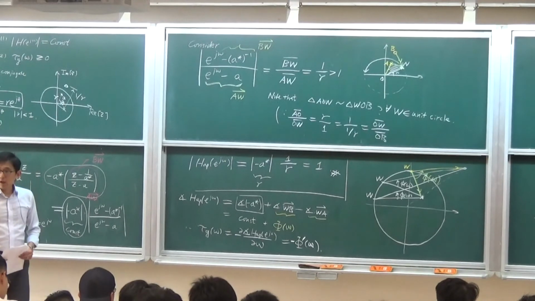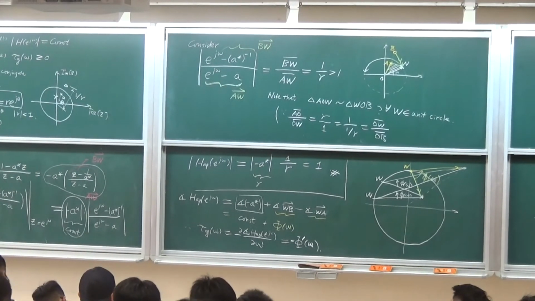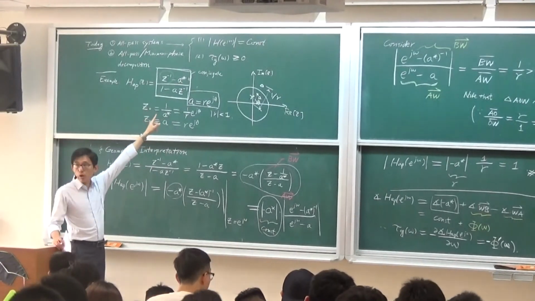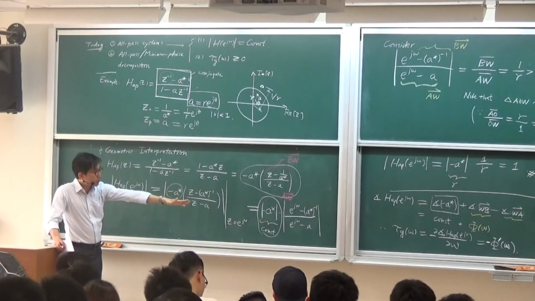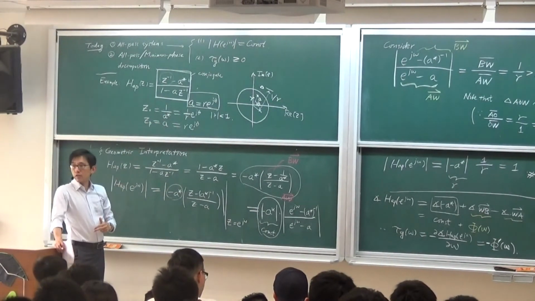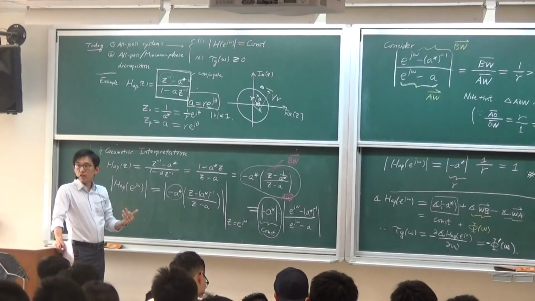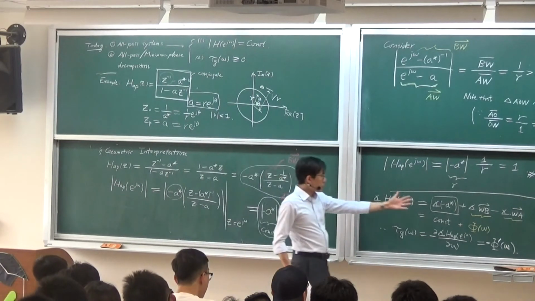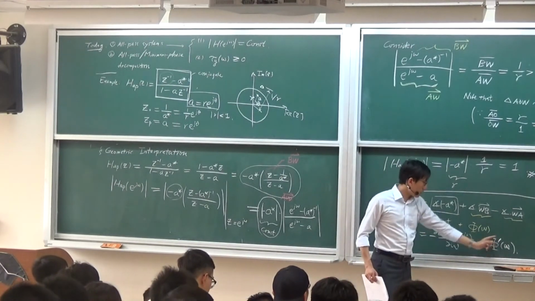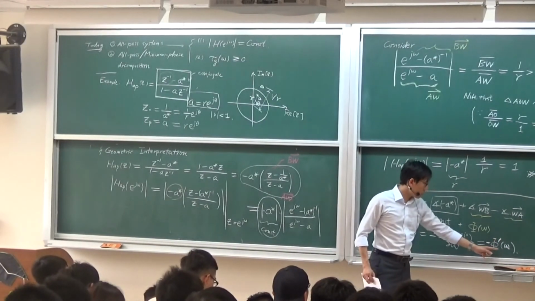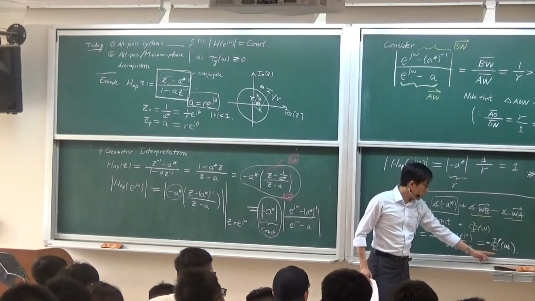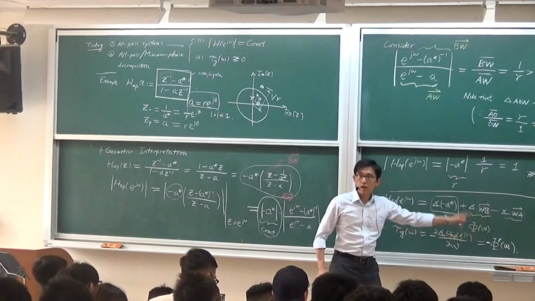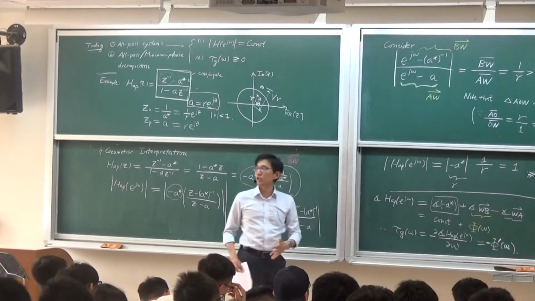So if you want to check property number 2, the question here is: is the group delay always positive? Is it never negative? We want to check by geometric interpretation. We want to check the slope, whether or not the phase phi decreases as a function of omega.